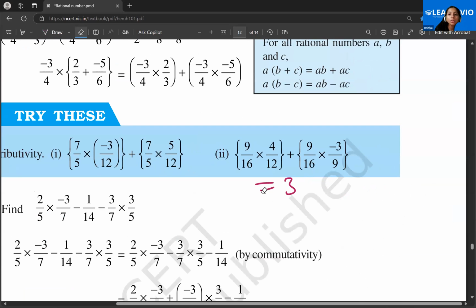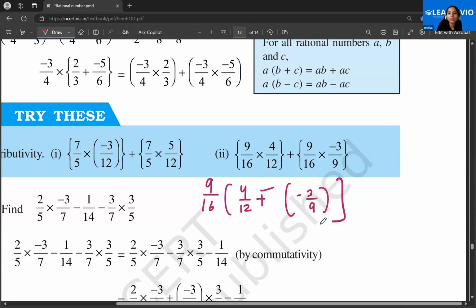So you took 9 by 16 as common, right? So I'll take 9 by 16 outside, and inside I'll take 4 by 12 plus minus 3 by 9. So you took the LCM, right? Yes, mom.